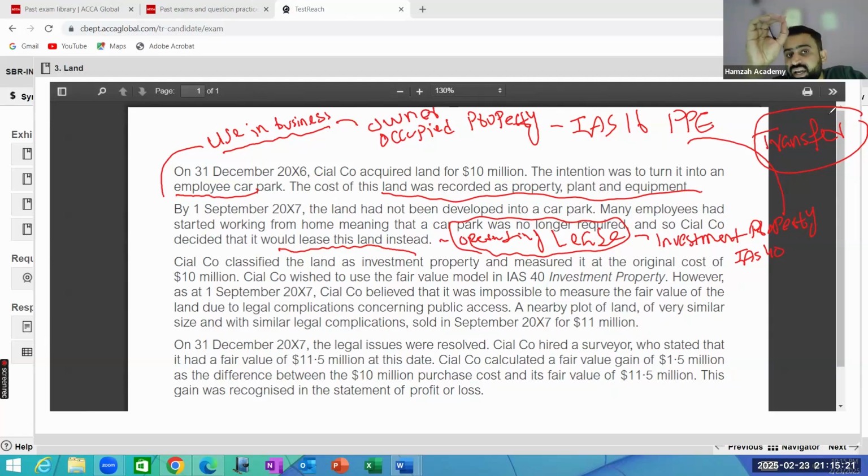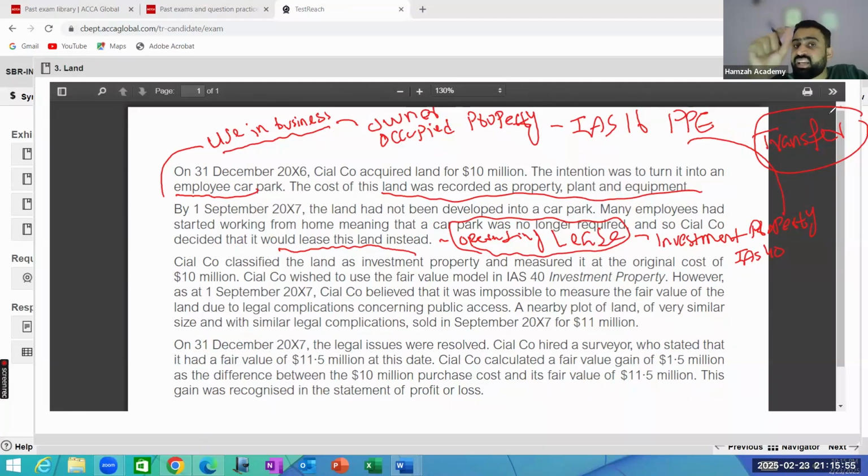Now the rule is that on the date of transfer, you will apply the previous standard. For example, if in IAS 40 they are using the fair value model to keep the investment property, then before we transfer that property into IAS 40, first we will revalue the property in IAS 16.